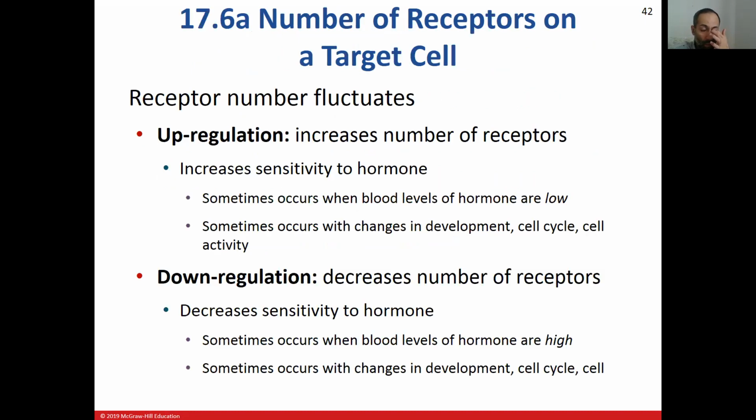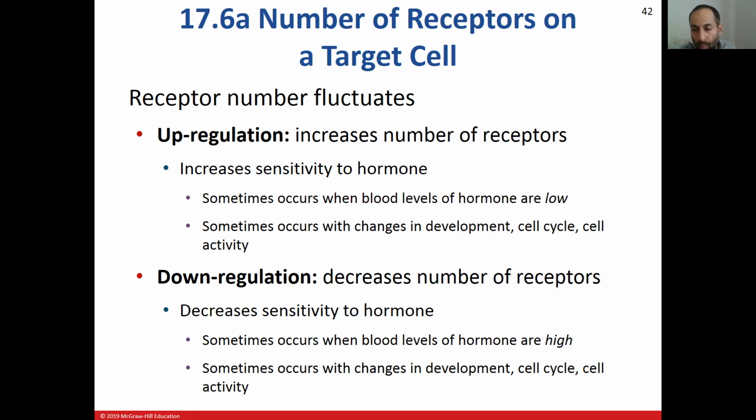Okay, so we are looking at two other terms, upregulation versus downregulation, okay? So what does that basically mean? What upregulation means is this. Let's say you are short on a certain hormone, let's say growth hormone, right?